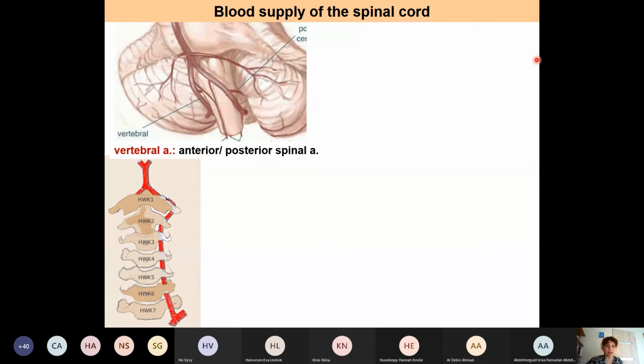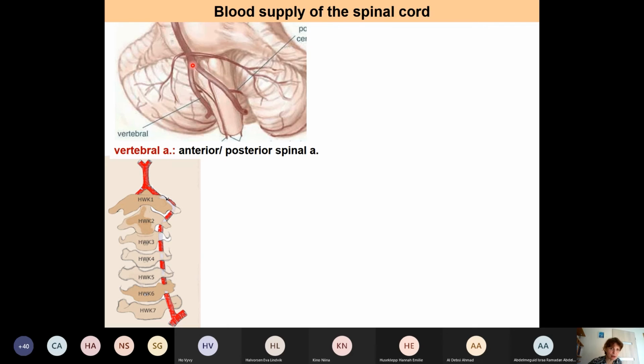But now let's continue with the blood supply of the spinal cord, and here you can see the vertebral artery in this picture. This artery comes from the subclavian artery, and it ascends through the transverse foramina of the cervical vertebrae, and then it enters the intracranial space through the foramen magnum, and the two vertebral arteries fuse and form the basilar artery.